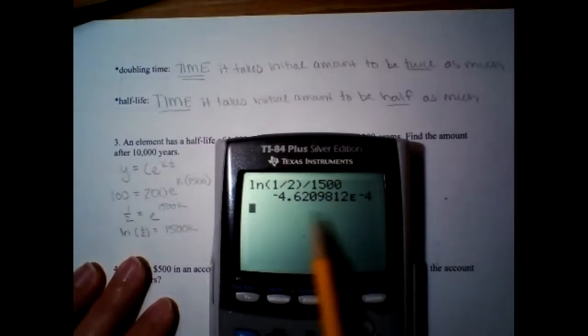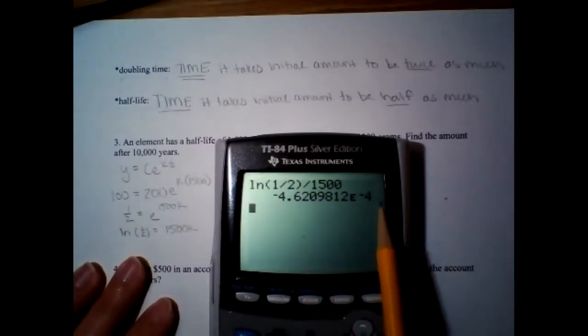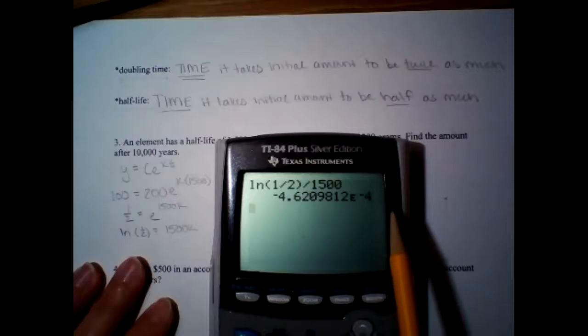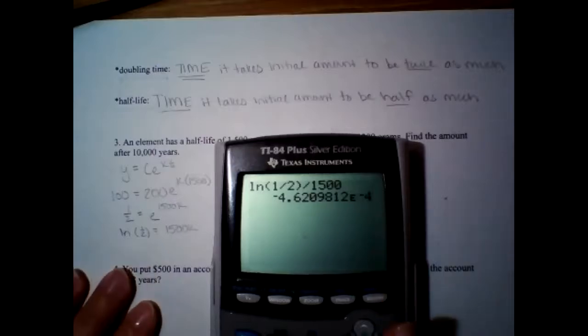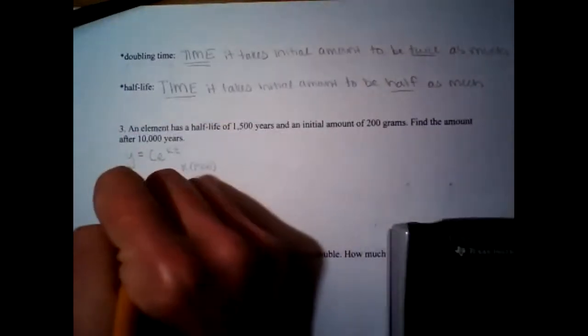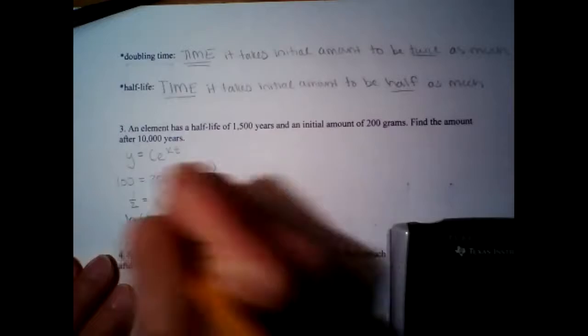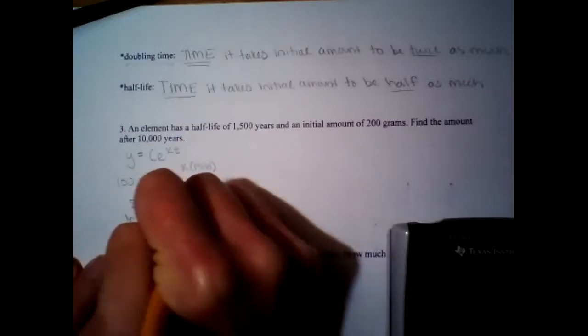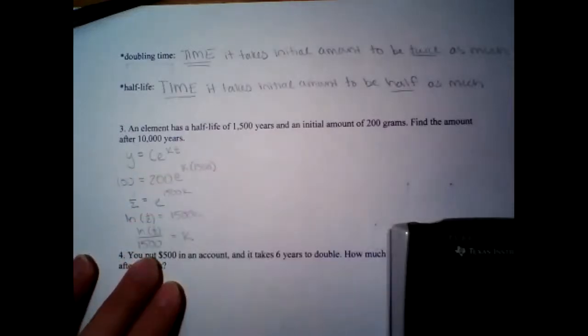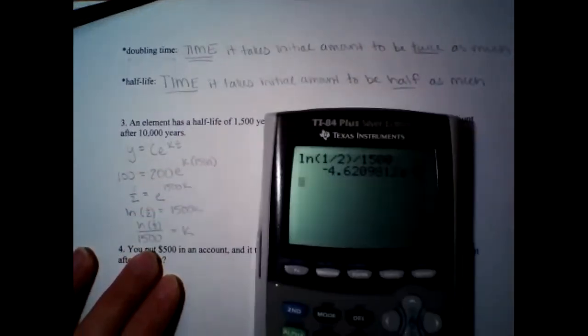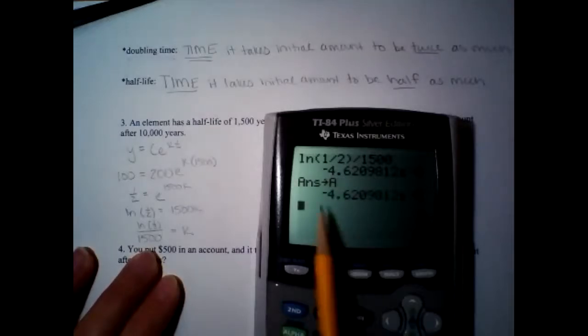I'm not going to bother writing that down. This is that times 10 to the negative 4th because it's such a small number. I'm just going to write on my paper ln of 1/2 over 1,500 is our k value. And then I'm just going to store this. So store alpha A, enter, and then I can copy and paste this for the next thing that we're going to do.